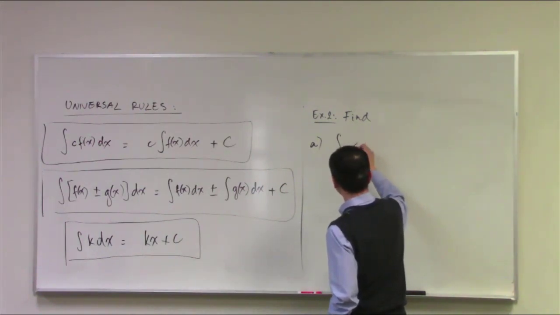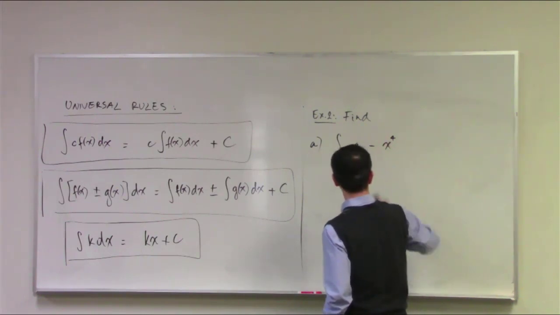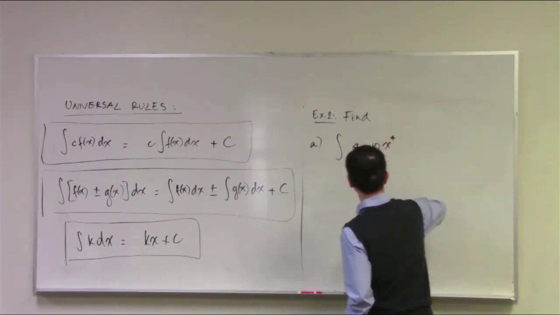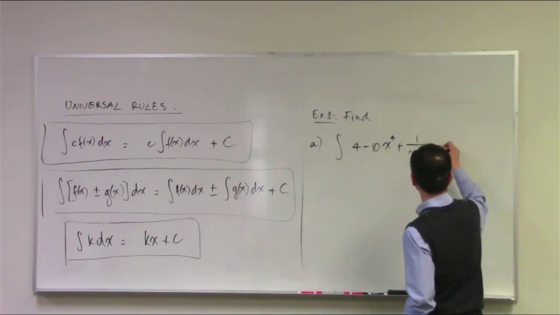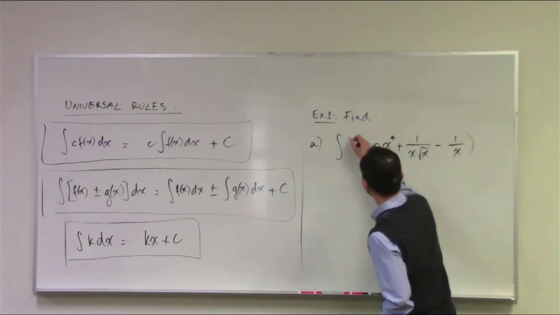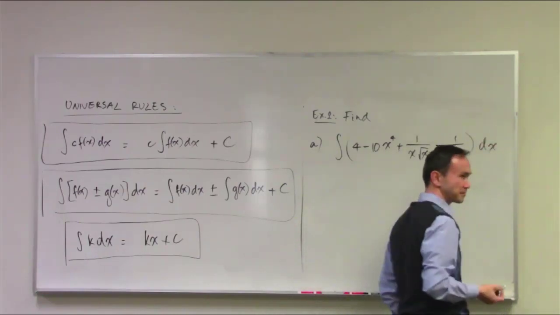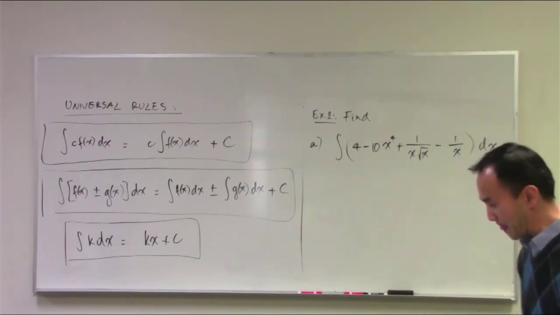So how about 4 minus 10x to the 4th minus 1 over x. Let's look at something like that.